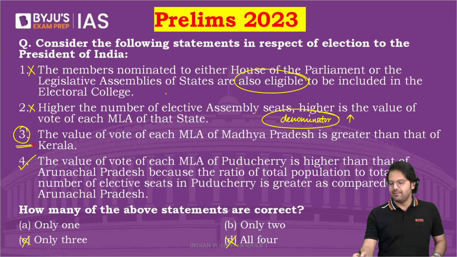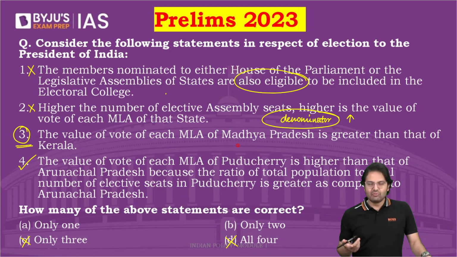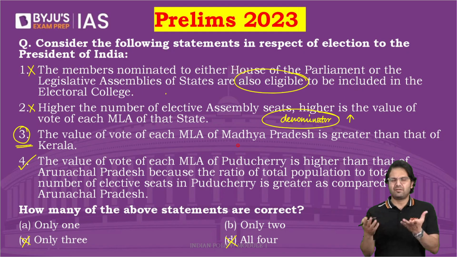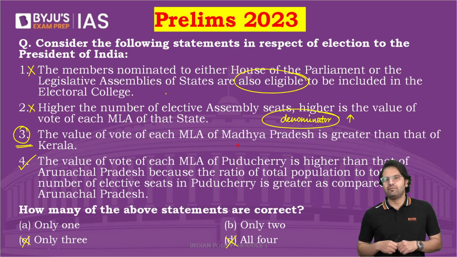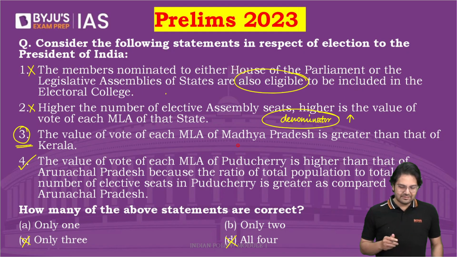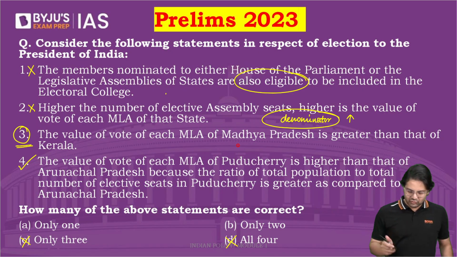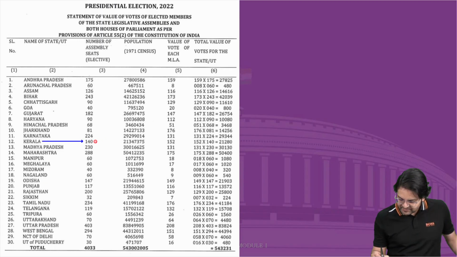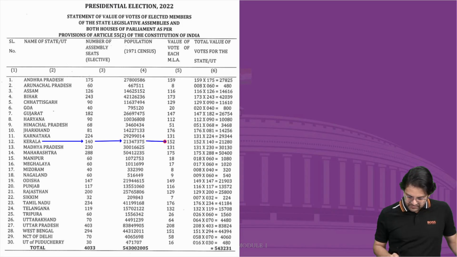The value of vote of each MLA of MP is greater than that of Kerala. Now, if you read it like this, you may feel MP more populated, a northern state largely, or a central region, so may have a higher vote value because of high population. But actually, that is not the case. So, if I just show you here, observe this. We have Kerala. See the vote value, see the population and number of seats.